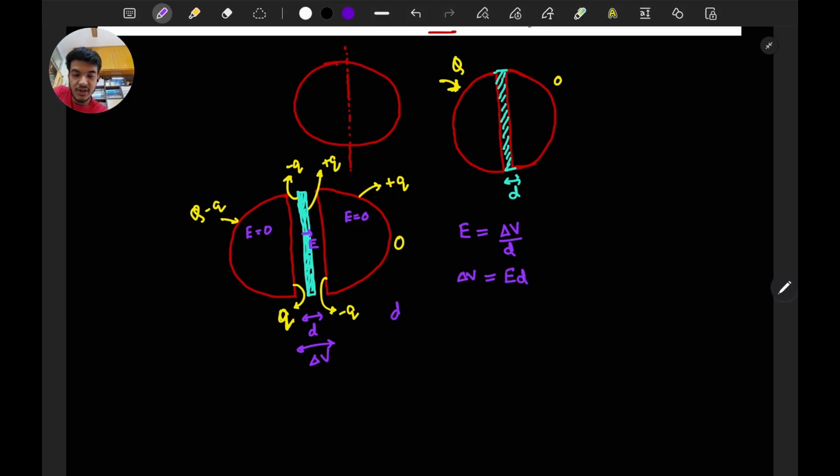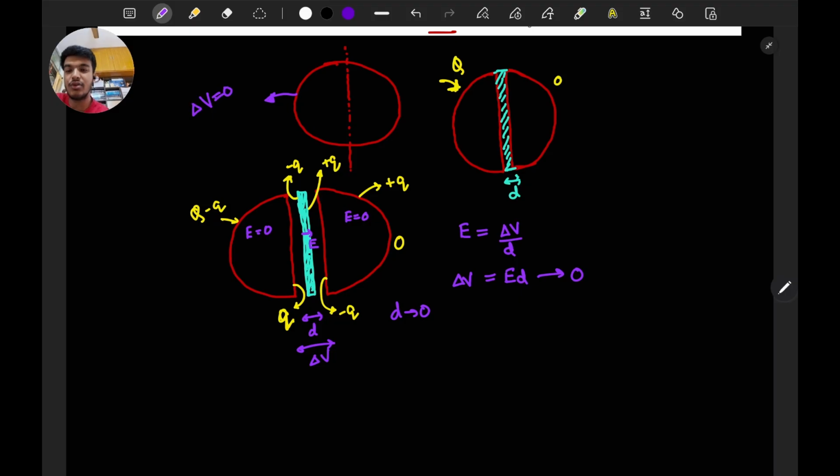Now, since d is very small, tending to 0, I can say that the potential difference between these two hemispherical parts is basically 0. So again, the condition of a conductor is maintained, because we know the entire metallic sphere was an equipotential surface initially.